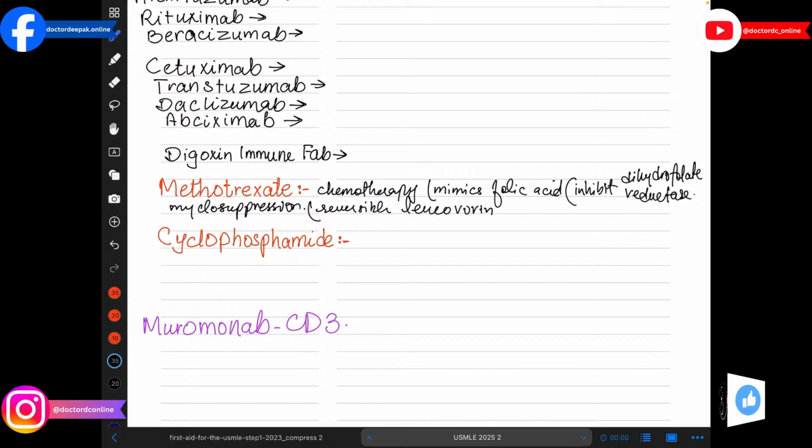That is folinic acid, which is converted to THF and does not require dihydrofolate reductase.